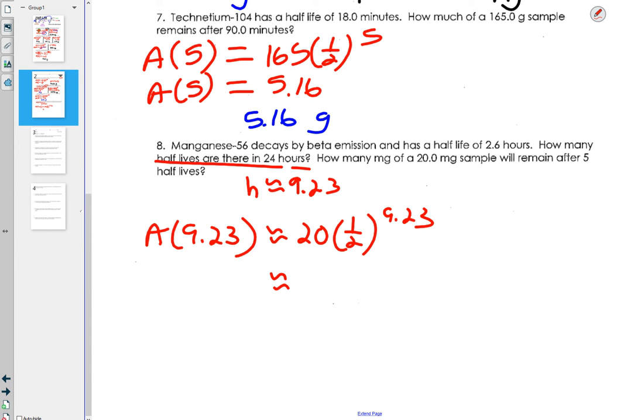Depending on when you round it, I'm getting approximately 0.03 of a milligram.